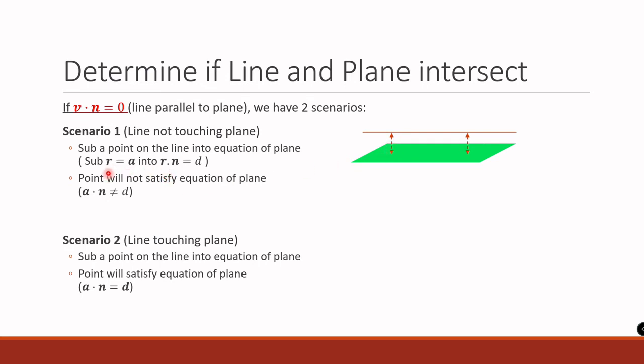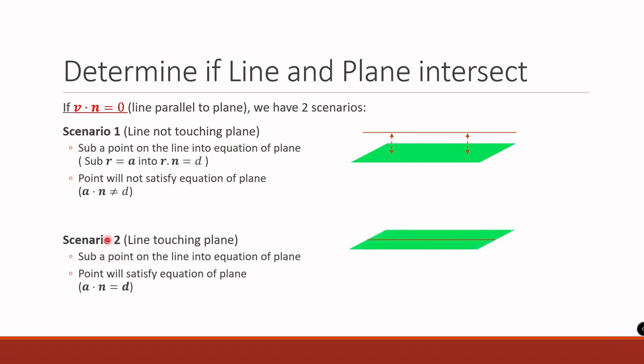So in this case, I'm going to sub r equals a, where a is just a point on the line. I will substitute r equals a into the equation of the plane and check whether a dot n equals d. In this scenario, it will not be equal because it's not touching the plane. Alright, so that's for scenario 1.